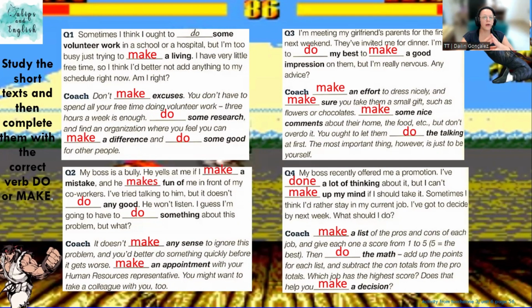Do some volunteer work, make a living, make excuses, do some research, make a difference, do some good, make a mistake, make fun of, do some good, do any good, do something, make any sense, make an appointment, do my best, make a good impression, make an effort, make sure, make some nice comments, do the talking, do a lot of thinking, make up your mind, make a list, do the math, and make a decision.